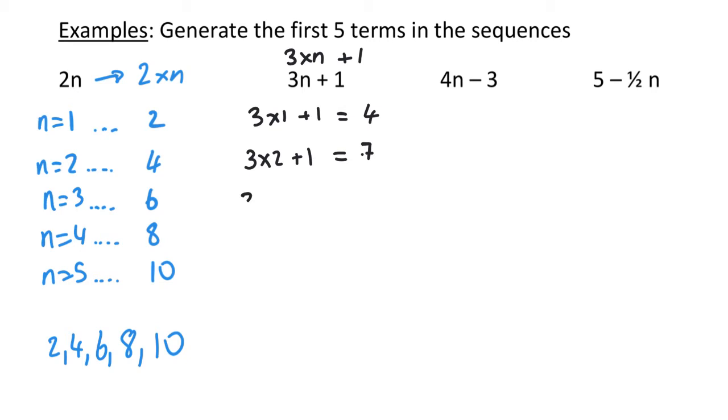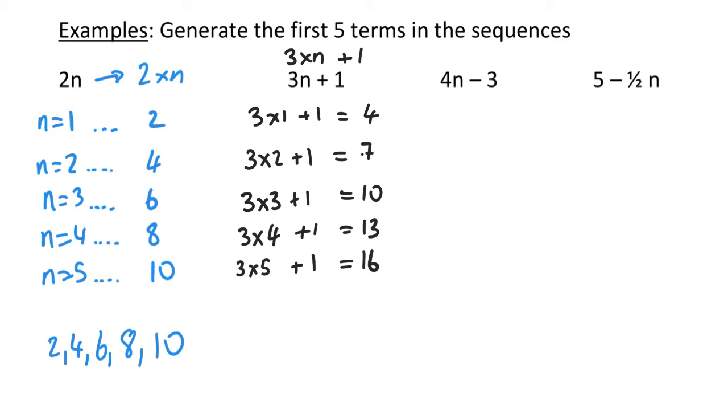When it's 3, it's going to be 3 times 3 plus 1, which is 10. N is 4, 3 times 4 plus 1, which is 13. And when n is 5, it's 3 times 5 plus 1, which is 16. So the first 5 terms are 4, 7, 10, 13, and 16.